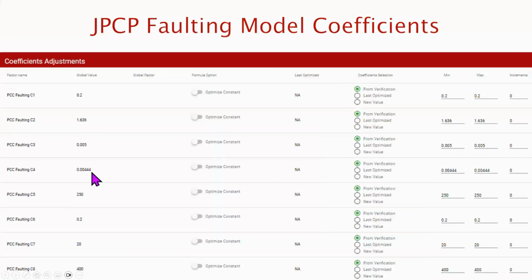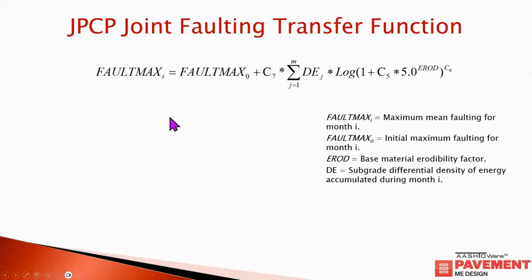And here's the screenshot of the coefficients for faulting. There's actually 8 coefficients. It's a little confusing, so I'm not going to get into the weeds on this too much. But you have a maximum mean faulting for a given month.